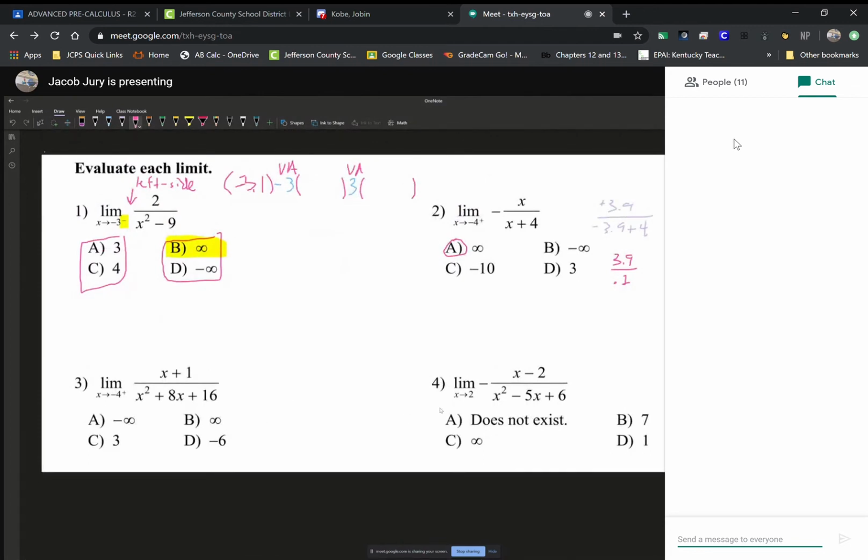For number 3, you should have got A, and I'll let you all reason that one out. It's going to be pretty similar to how we did 1 and 2. Know that you can factor some of these.